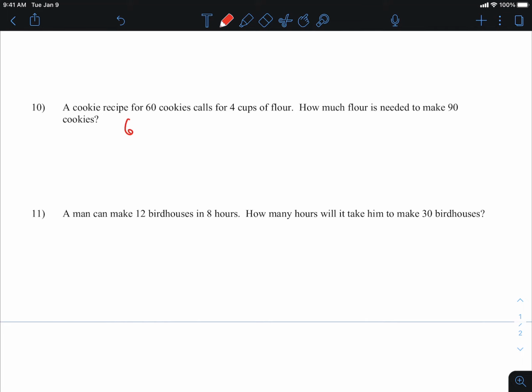So here's what we got, and the important part is you don't mix the units up. 60 cookies for 4 cups equals how much flour is needed to make 90 cookies. Well, we have to put the 90 cookies up top because the units have to match, cookies and cookies on top, and a question mark in the bottom.